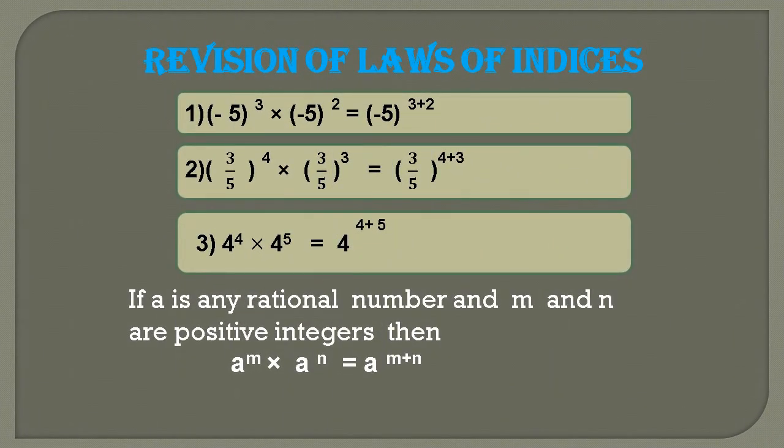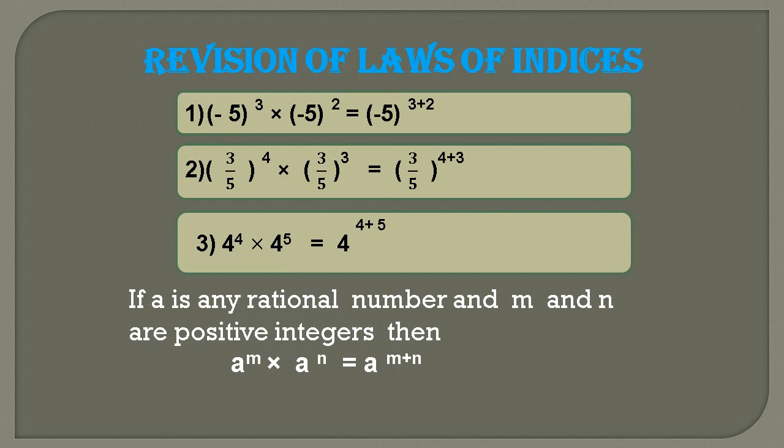In earlier standards, we have learned about laws of indices. Let us quickly revise them. On the screen, you can see 3 examples. In the first example, minus 5 raised to 3 multiplied by minus 5 raised to 2 is equal to minus 5 raised to 3 plus 2. The result of the second example, 3 by 5 raised to 4 multiplied by 3 by 5 raised to 3, is equal to 3 by 5 raised to 4 plus 3.